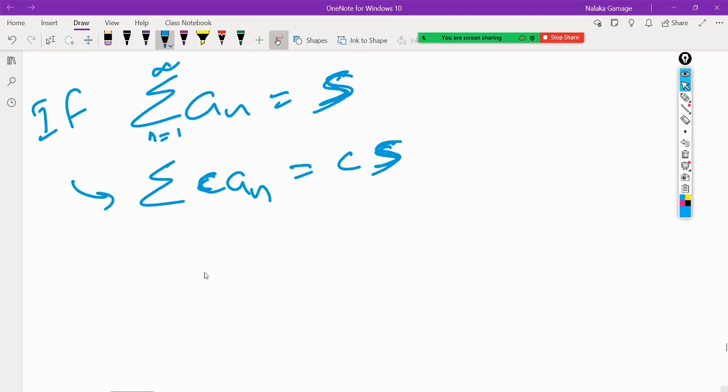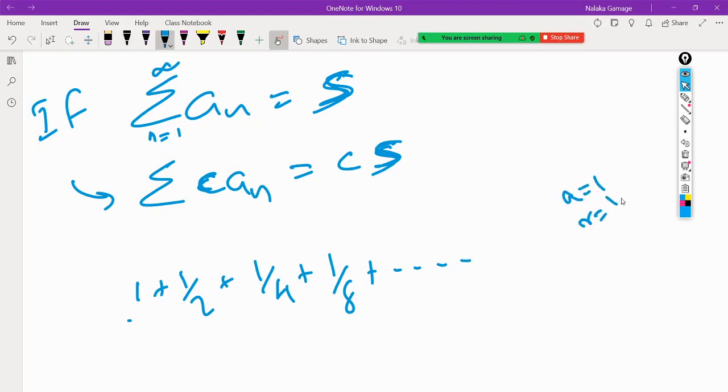Right, so this is common sense. Let's say I have a convergent series. Take a geometric series where A is 1 and R is half. 1 plus half plus 1 over 4 plus 1 over 8 plus and so on. That is a geometric series where A equals 1, R equals half.